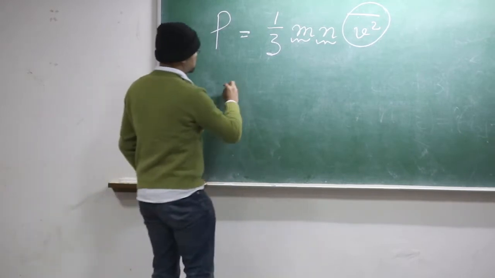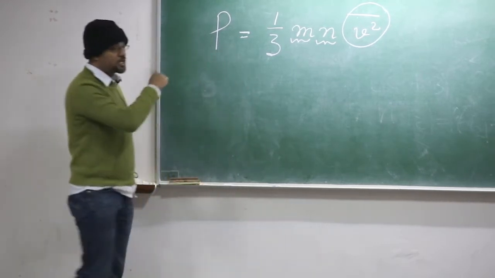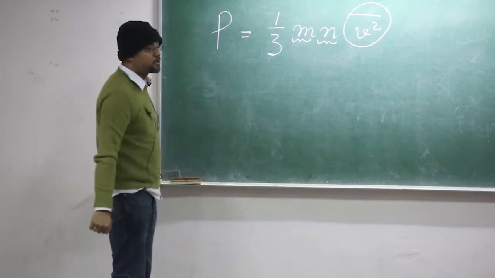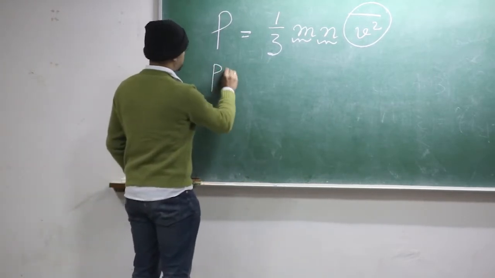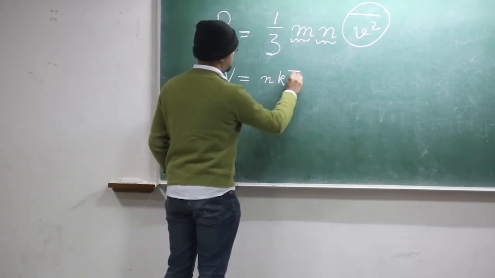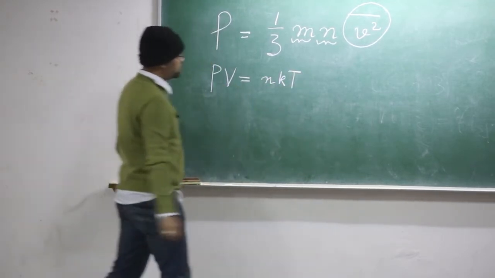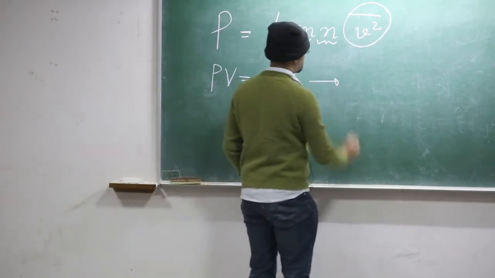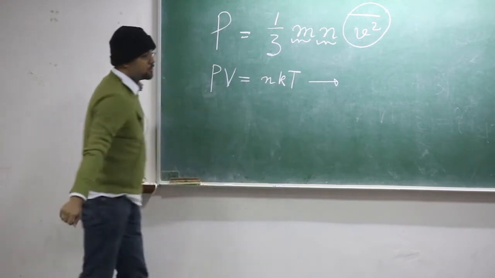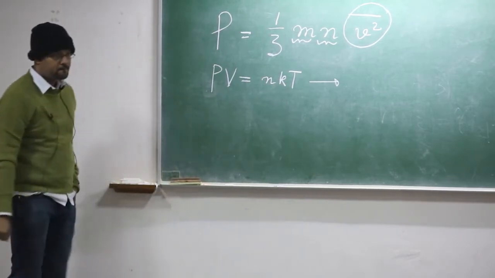And then we also saw that if you want to recast this in the form of a very familiar empirical law, which is PV equals NKT, then we immediately saw that you have to interpret this velocity square with the temperature, right?